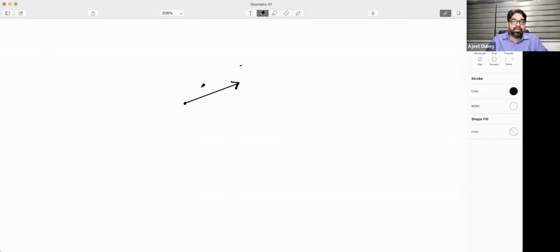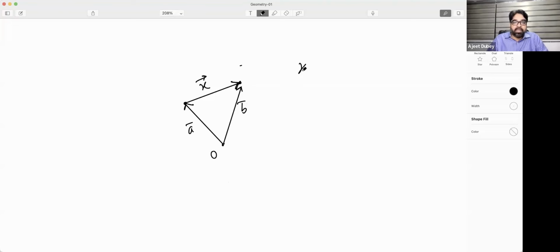I can give it any name, say the x vector. And imagine this is the origin. This vector is given as the a vector and this vector is given as the b vector.